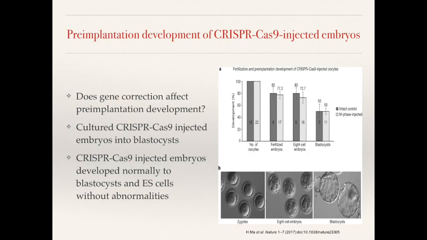This study showed that there was no difference between the development of the CRISPR-Cas9 injected embryos and control embryos that were developed into blastocysts. As a summary, the results of this study showed that by co-injecting the CRISPR-Cas9 system and sperm into the M2 phase oocytes, there was more efficient targeting efficiency and no mosaic embryos created.